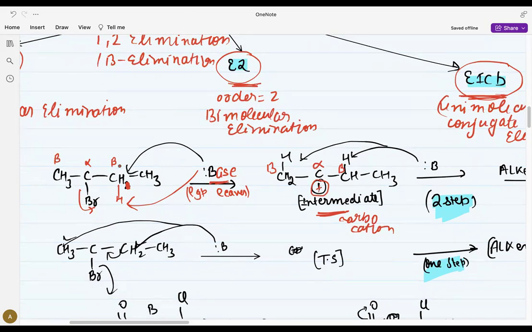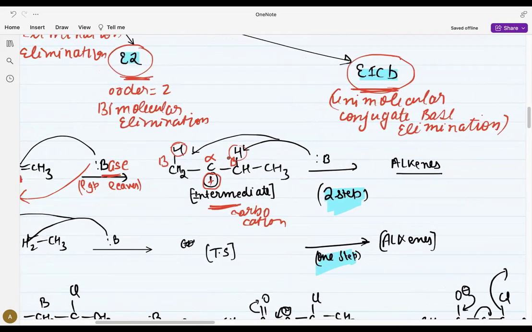So now base can come and take the hydrogen of the beta carbon. It can take from here, or it can take this hydrogen. Two possibilities can happen.